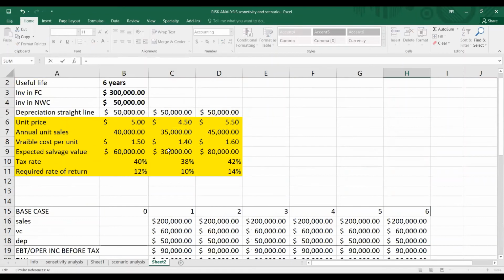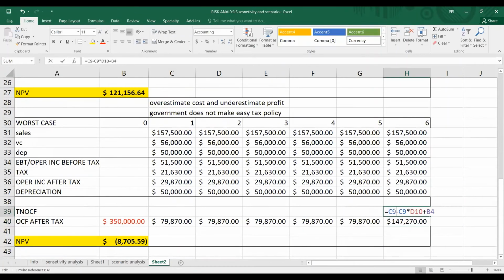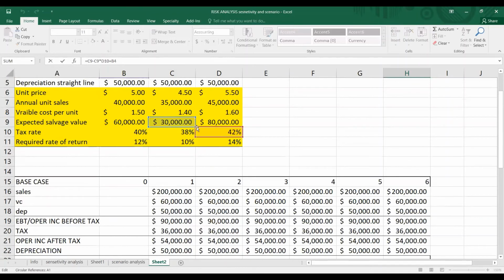So I'm selling it for 30,000 minus 30,000 taxed by this rate and plus net working capital. Okay, 67,400, just a second.